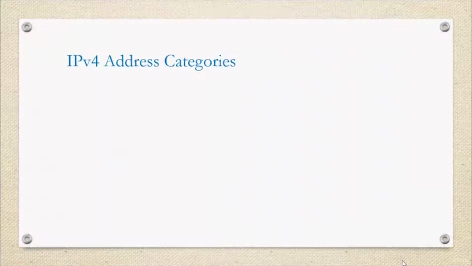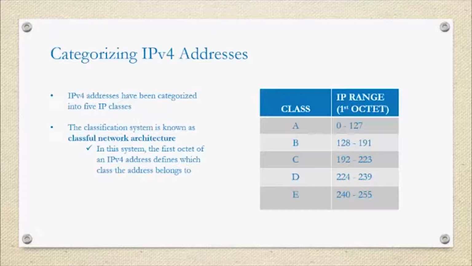Alright, so let's move on and talk about IPv4 categories. They've been separated into 5 different classes. The classification system is called classful addressing or classful network architecture. In this system, the first octet of the IPv4 address defines which class the address belongs to.